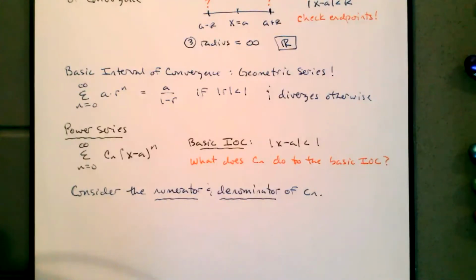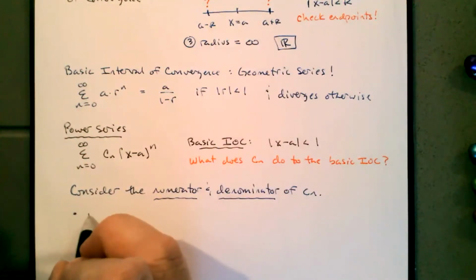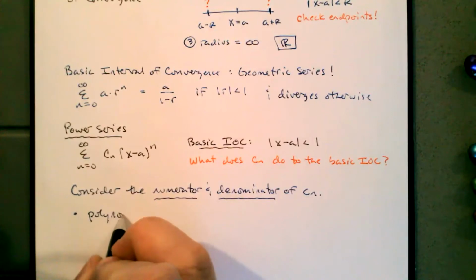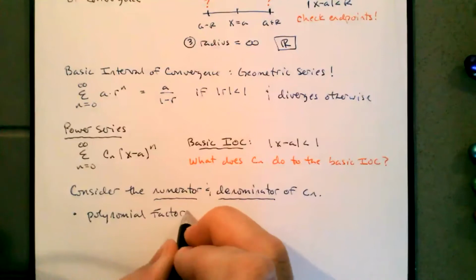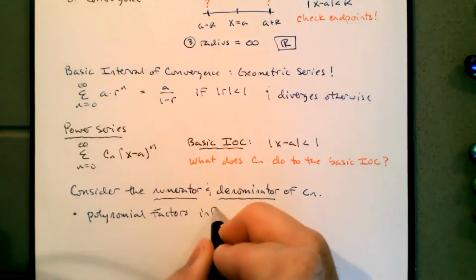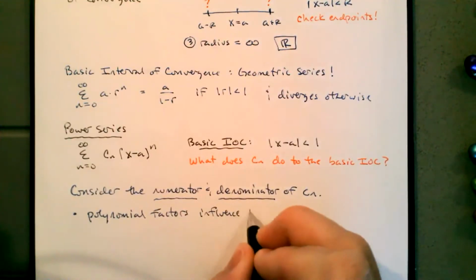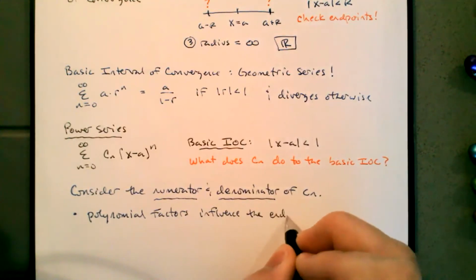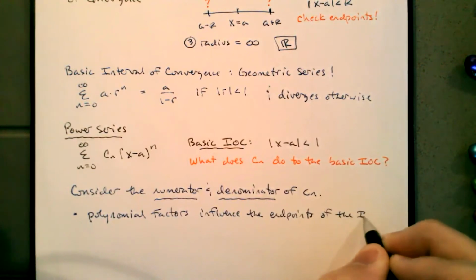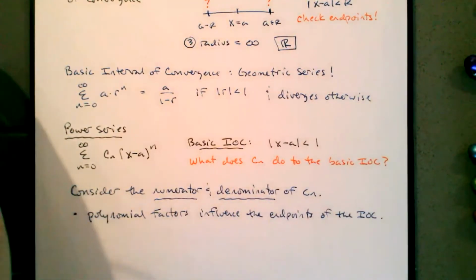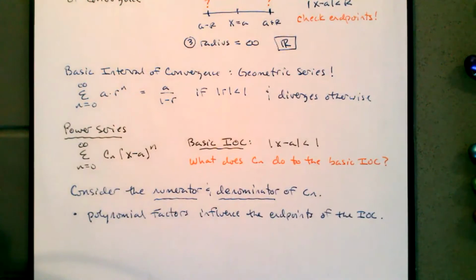Polynomial factors in Cn affect the endpoints of the interval of convergence. Any polynomial factors in Cn only influence the endpoints of the interval of convergence.